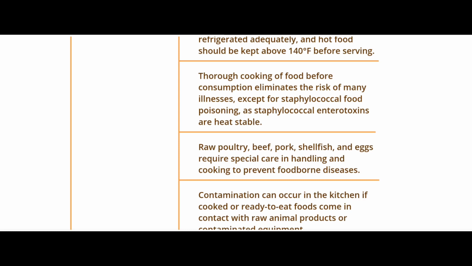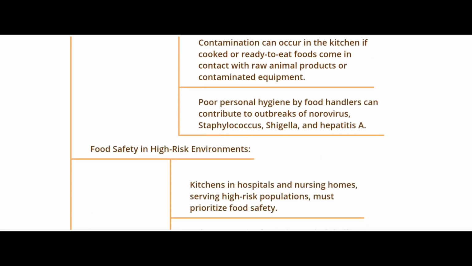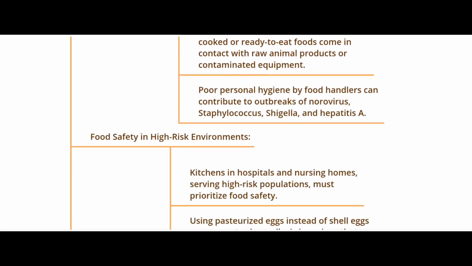So even if our product is monitored, if the animal is well, if we did everything correctly, but at the last stage before serving the food, we contaminated our hands with raw food, then handled the correctly cooked food, this food can be contaminated and can cause illnesses. Poor personal hygiene by food handlers can contribute to outbreaks of norovirus, staphylococcus, shigella, and hepatitis A. And this is exactly what we just talked about.